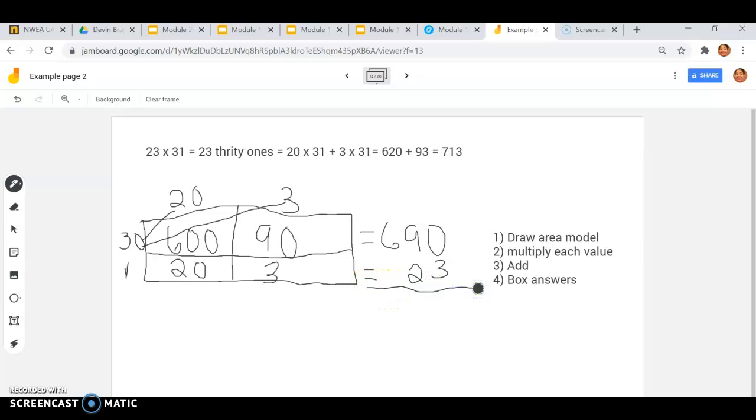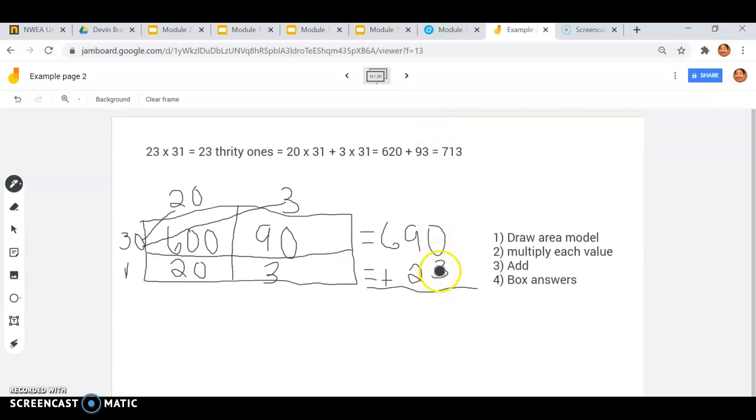And then we're going to add those values together. I do want to show you that if you added them vertically, you would get the exact same numbers that you did at the top. So it would be 600 plus 20, which gives you 620, 90 plus 3, which gives you 93, right? So they do relate to each other.